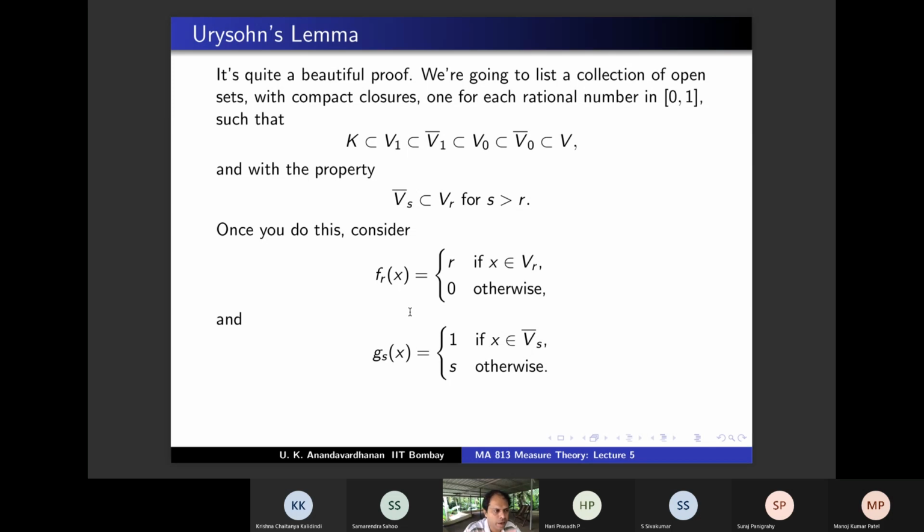If R is bigger, then VR is smaller, no? Yes. That's how we are constructing, right? If R is bigger, then VR is smaller. So if R is bigger, then VR bar is contained in VS. So in particular, VR is contained in VS bar, and R is less than 1, no? So in all cases, fR is less than gS. Agree? Always fR is less than gS.